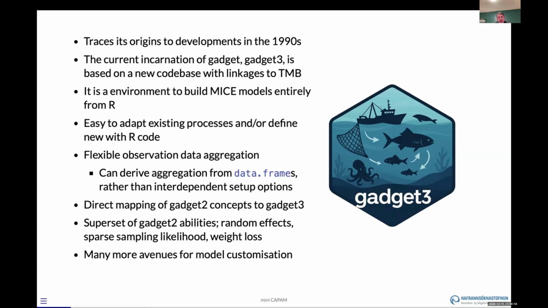So basically now Gadget is an R package that you can download from CRAN, and it's an environment to build the assessment models and MICE models entirely from R. And it's easy to adapt the processes, so basically it's a toolbox of processes, so you can easily adapt it to do whatever you want, and also you can plug in different processes and modify them yourself.